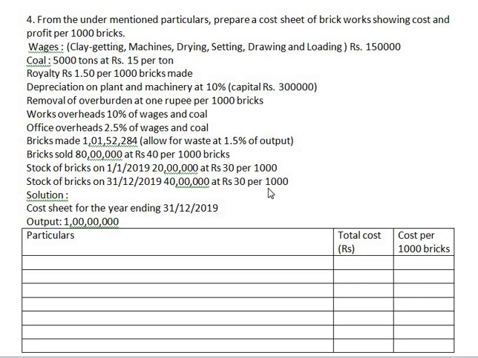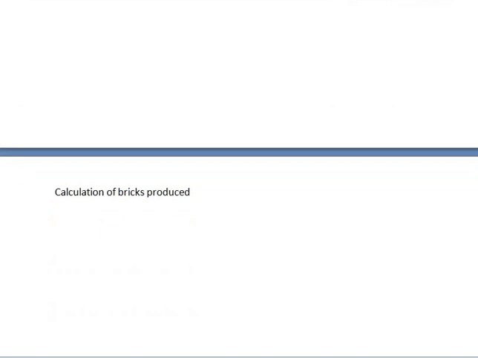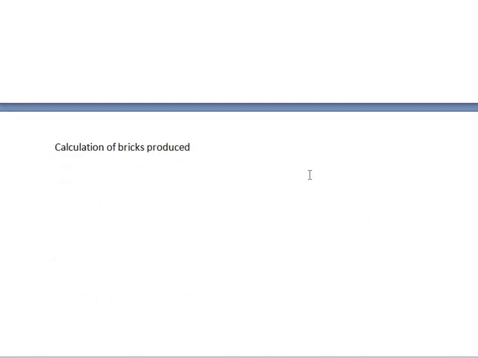So for that first we will have one working note. You can write it here itself: cost sheet for the year ending 31st December 2019. Then leave one page and on the next page write calculation of bricks produced.